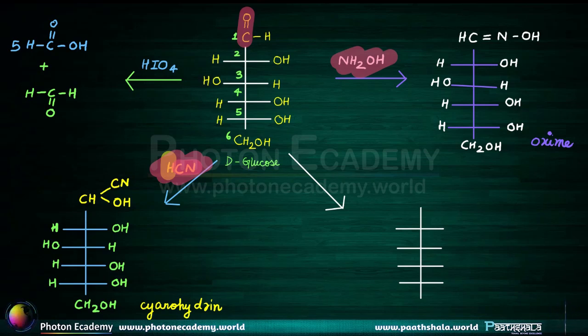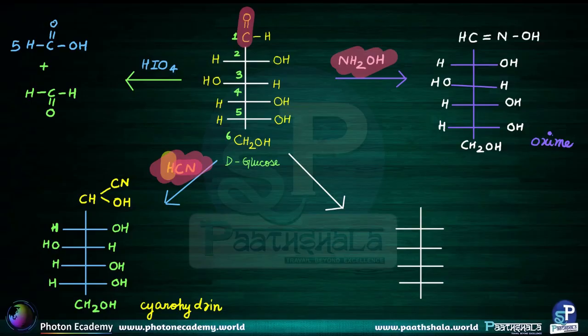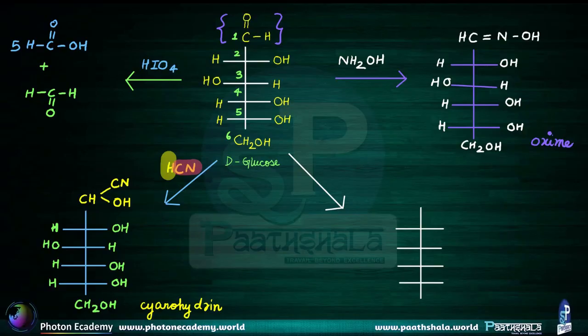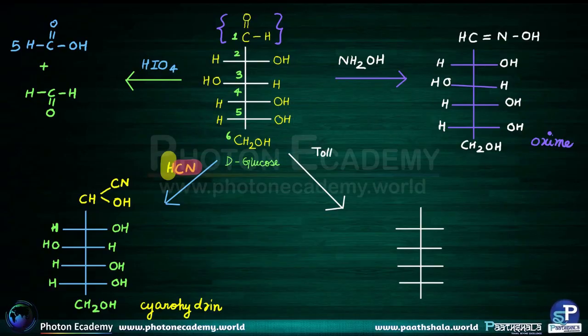Now next, because glucose is an aldehyde, as we've already discussed, we have an aldehyde group over here. Because of this aldehyde, glucose will show a positive test for Tollens reagent and Fehling solution.